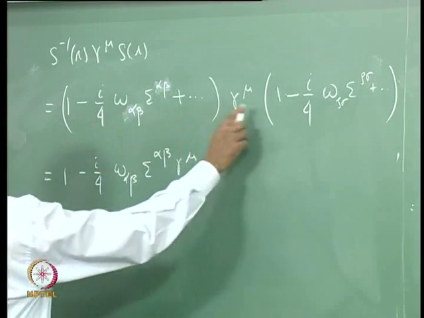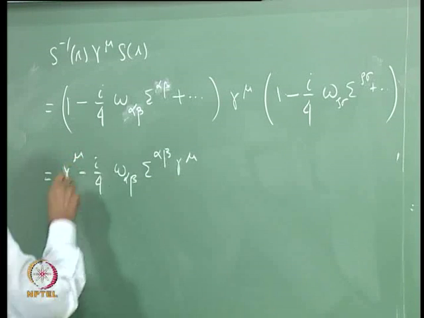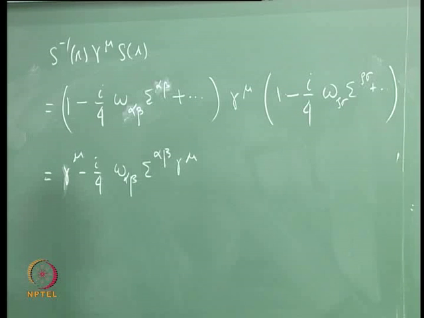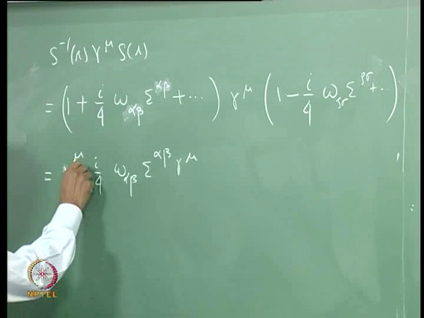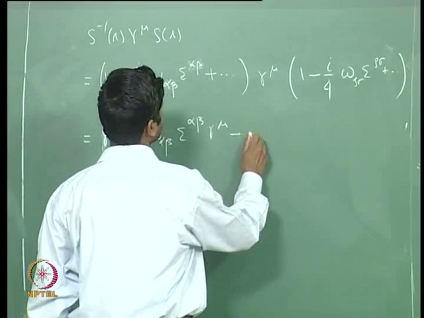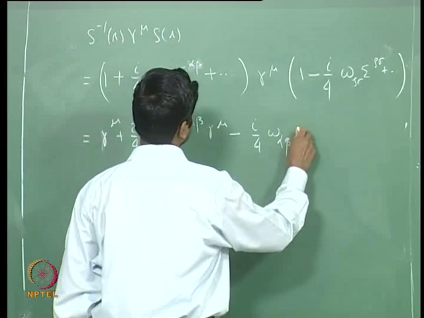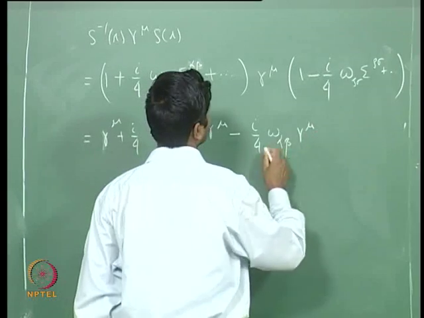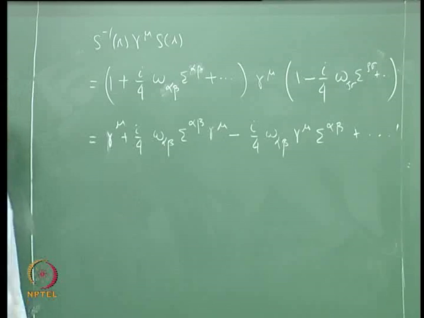So, there is a gamma mu at zeroth order, and then this will be plus because we are considering S inverse. So, there is a plus sign here, and then you have finally minus i over 4 omega alpha beta gamma mu sigma alpha beta and all the other terms.